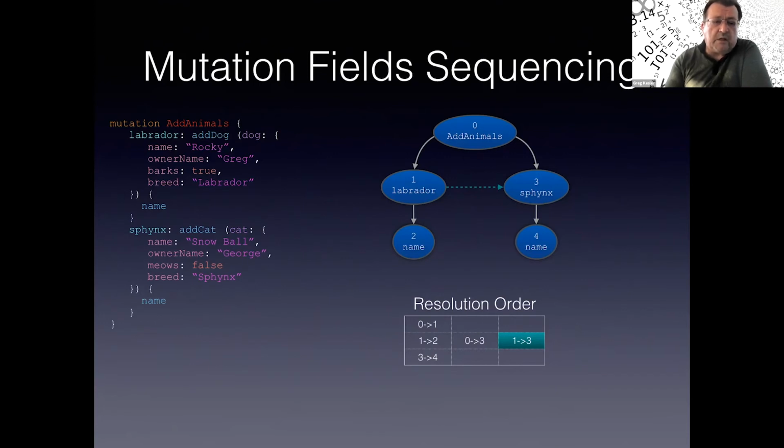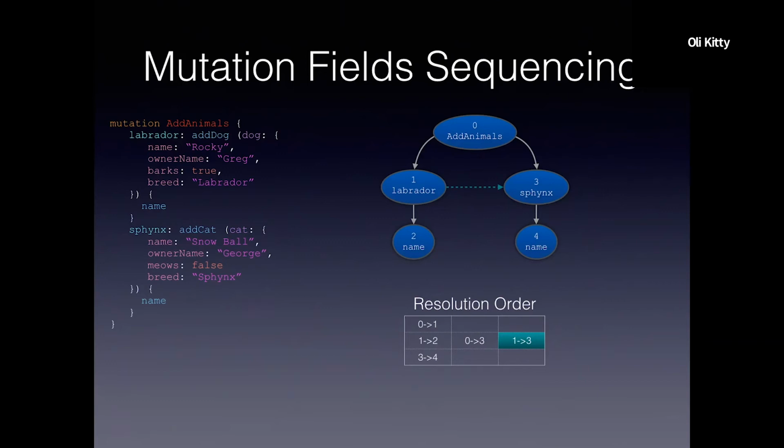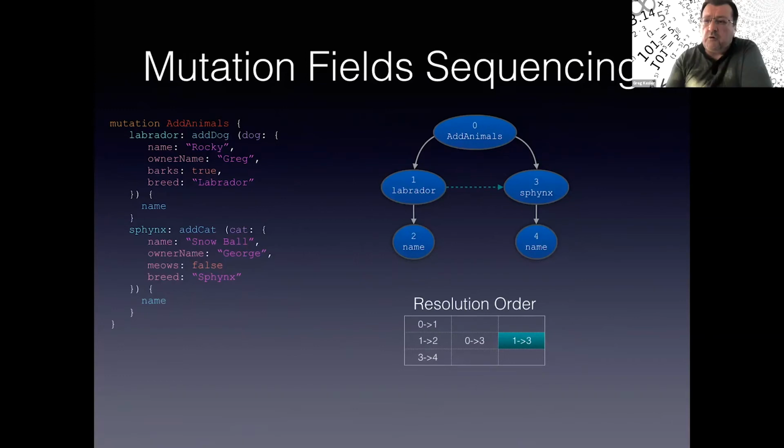And in order to ensure that the field Sphinx is resolved after the field Labrador, we just need to provide an edge between the field Labrador and Sphinx, and presence of this edge will ensure that the field or vertex Sphinx will be placed in the topological sequence after the Labrador, and therefore the field resolver for the Sphinx will be executed after the field resolver for the Labrador.